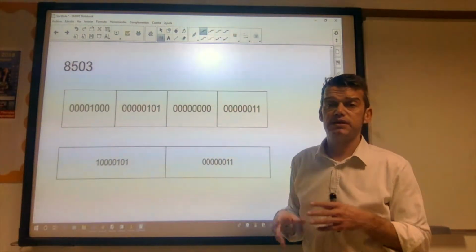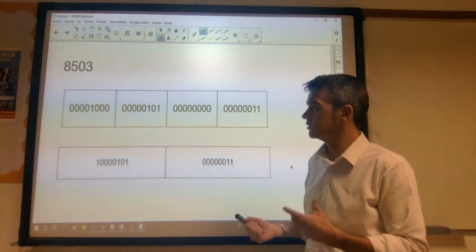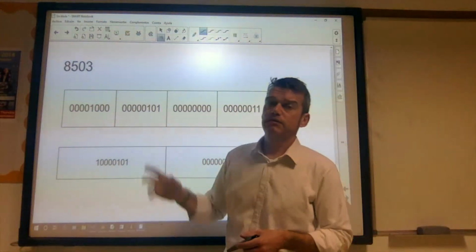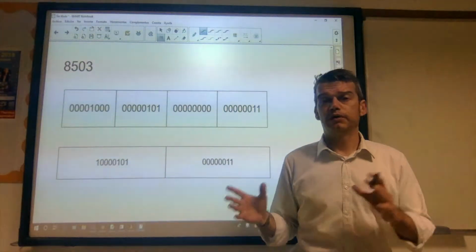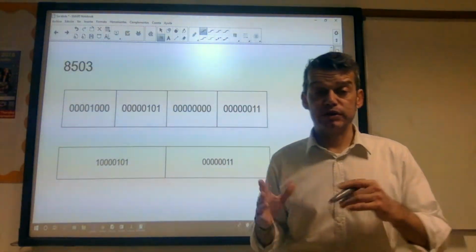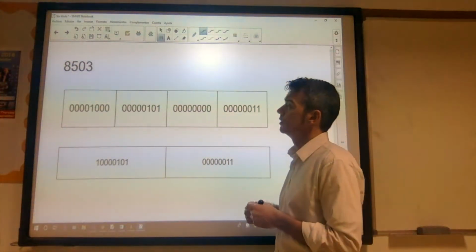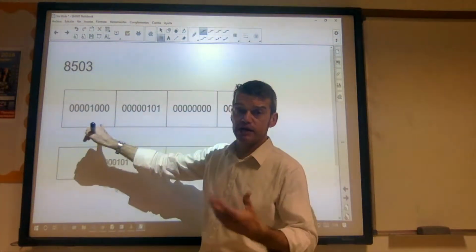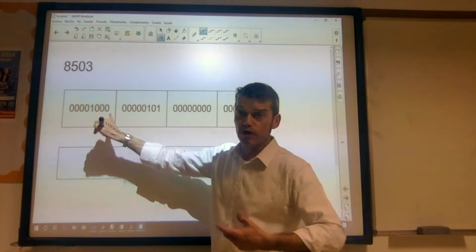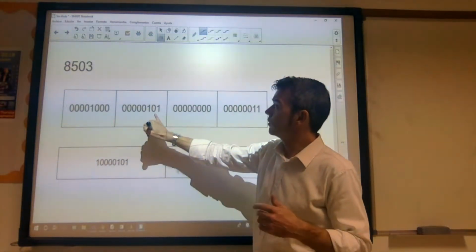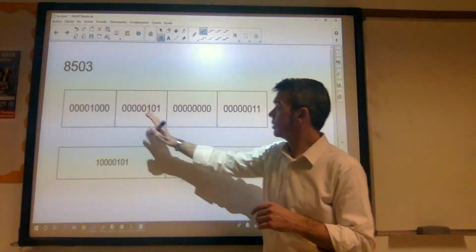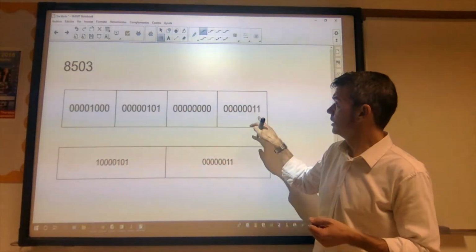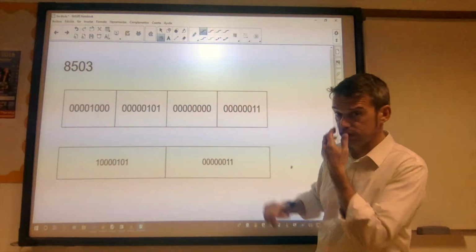In the first one we're using 1 byte per digit. So we can see here we've got 1, 0, 0, 0, which is 8, no 4s, no 2s, no 1s. Here we've got 5 represented in binary. We've got 0, and we've got 3, 1 plus 2 is 3.